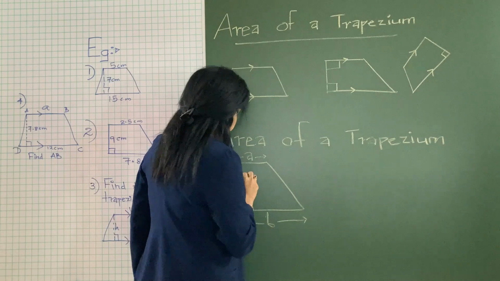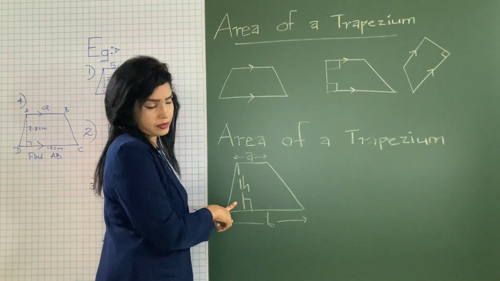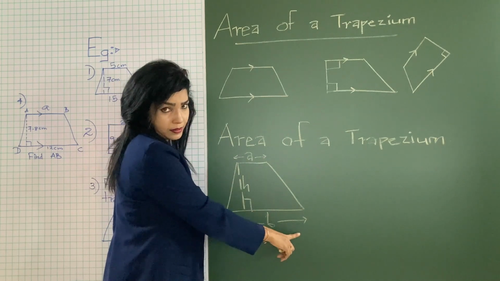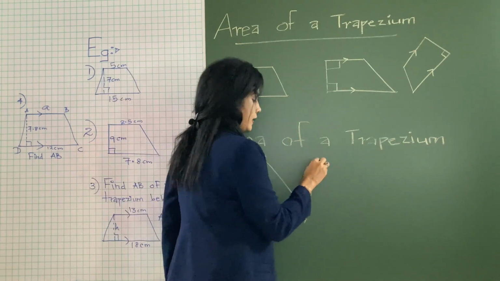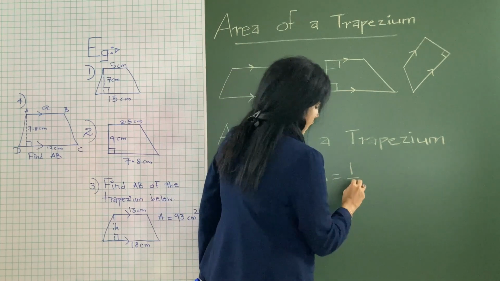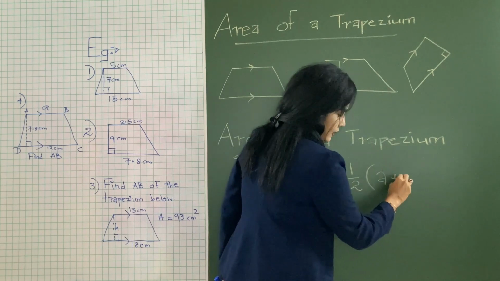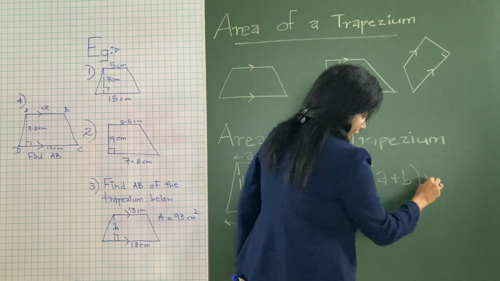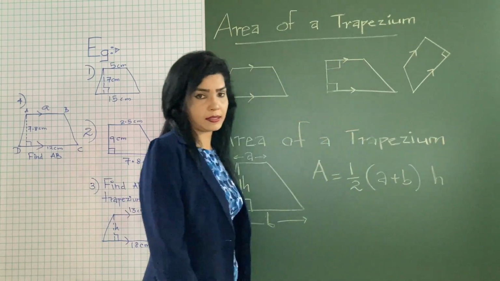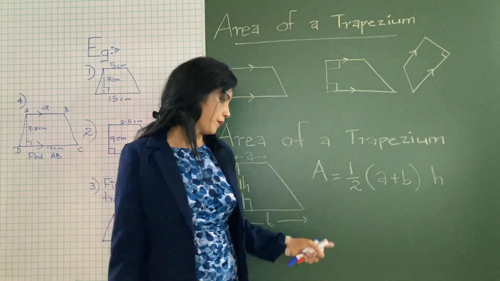So if I take this perpendicular height as h and the two parallel sides as a and b, the area of a trapezium is equal to half into sum of two parallel lines into height. Although you did not write this, it doesn't matter, because brackets is anyway multiplication.